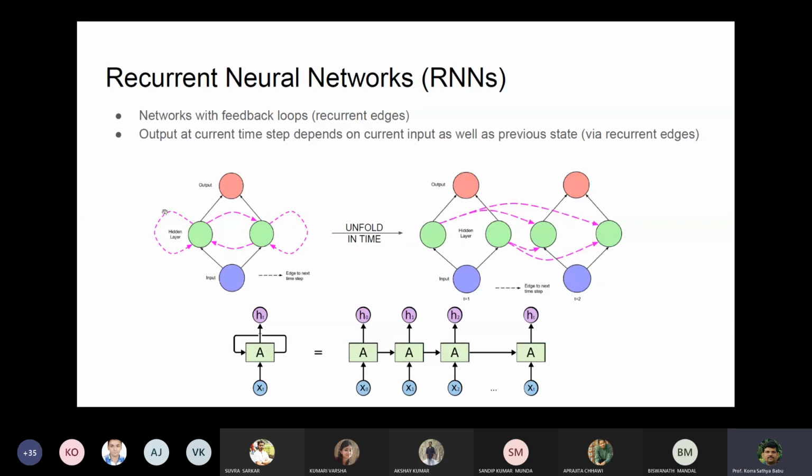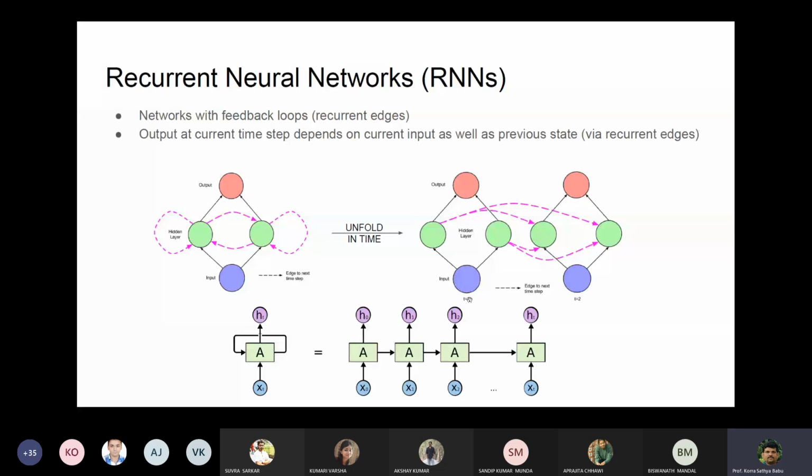If you unfold this with respect to time, you can see that at t equal to 1, this is the input and this is the output that you are going to get. Then at t equal to 2, you have taken the input along with the processed activity of t equal to 1, or maybe the output of t equal to 1, into consideration.